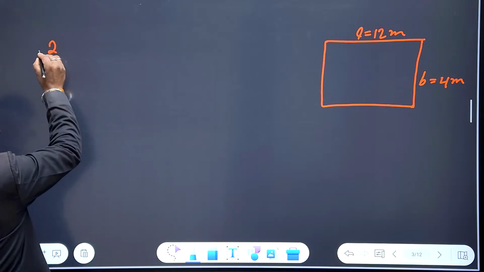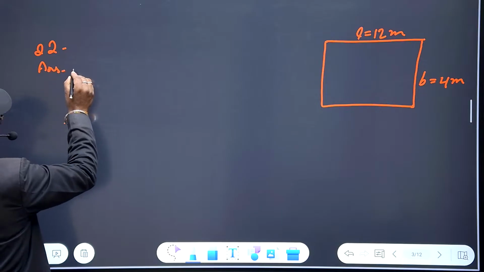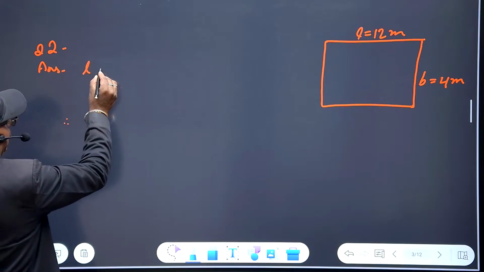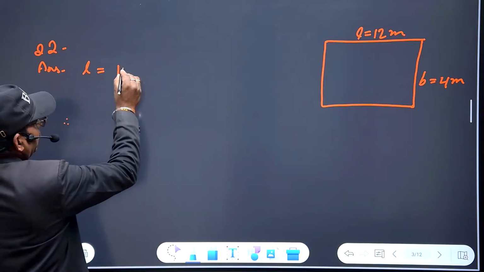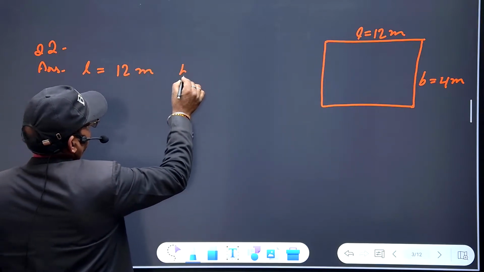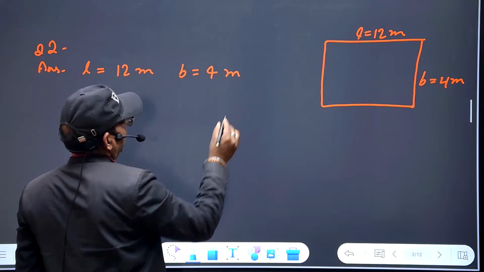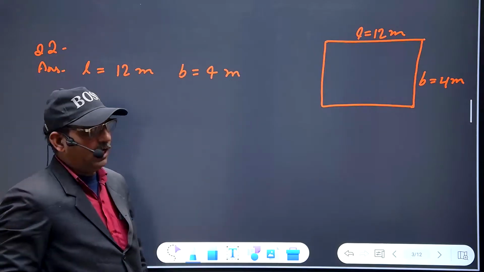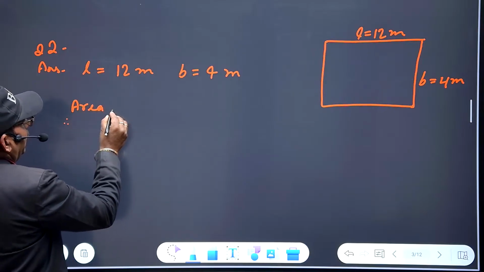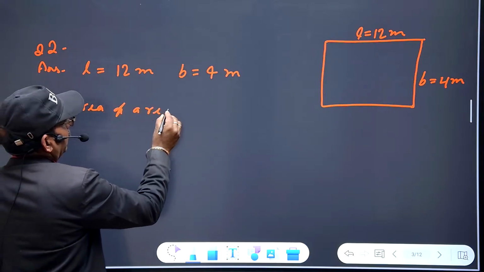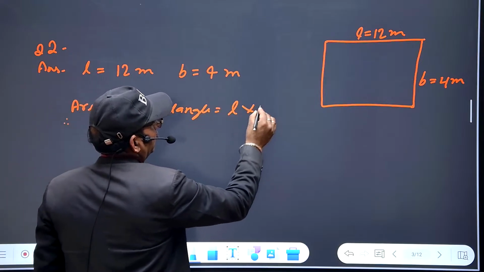Question number 2. If length is given 12 meter and breadth is given 4 meter, then you can find out the area of a rectangle. So area of a rectangle is equal to length into breadth.